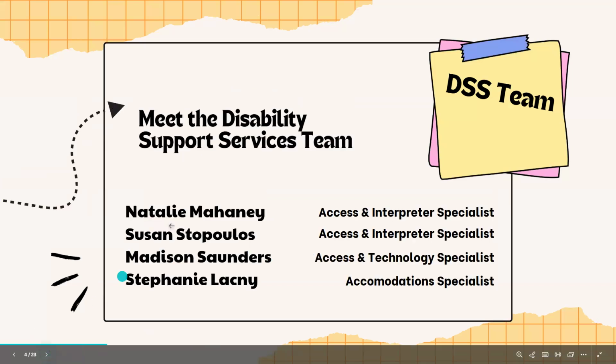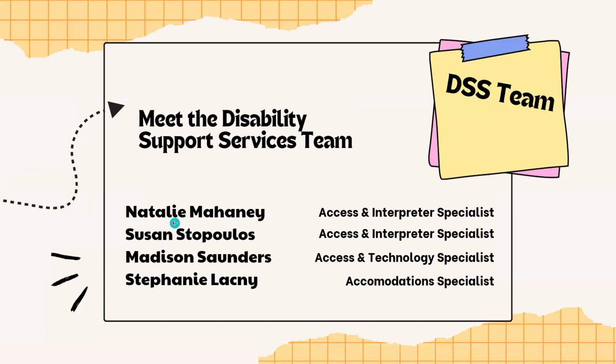And then we have some folks that you may or may not meet. They're over in the Disability Support Services office. So we have Natalie and Susan. They're both access and interpreter specialists. And then Madison is our access and technology specialist, and Stephanie is our accommodations specialist.